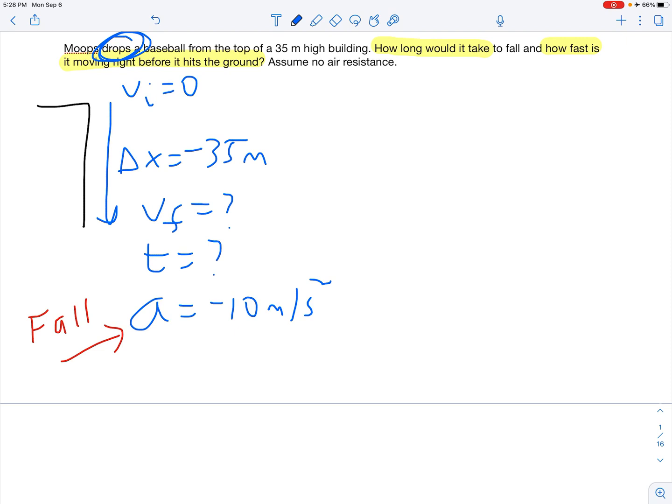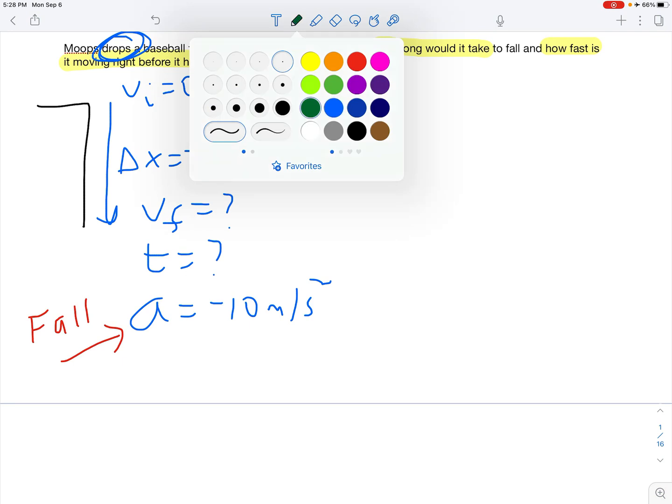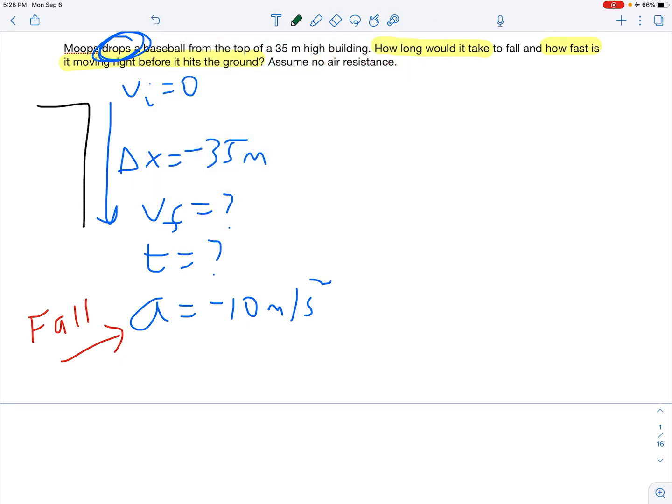Okay, so first off, I'm going to look at my equations and figure out what I have and what I can use. I could use a couple, but I'm going to start with this one, because I have a distance, or a displacement, so I'm going to use one of my displacement equations.